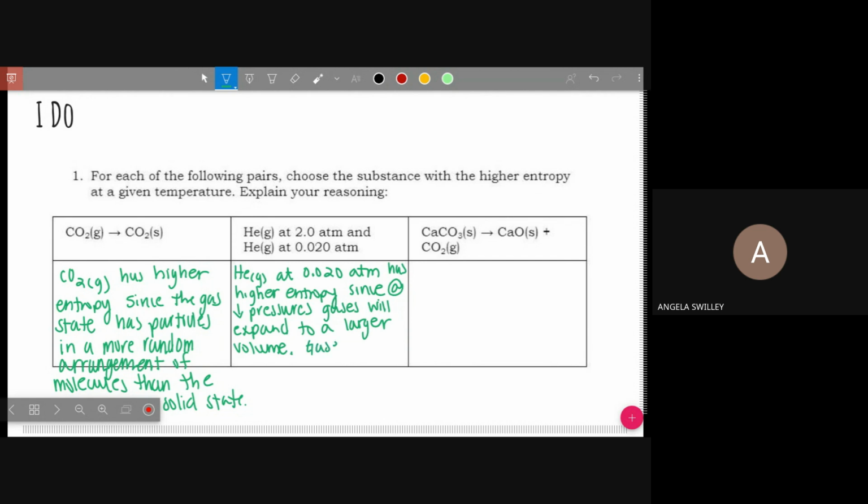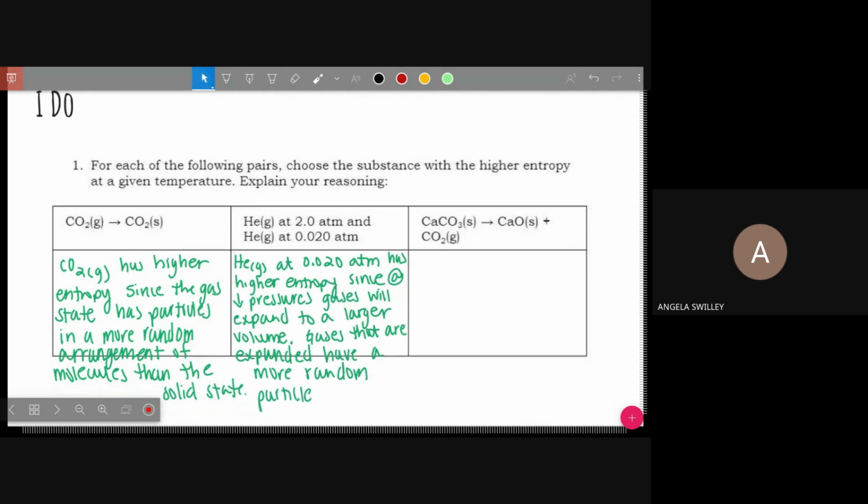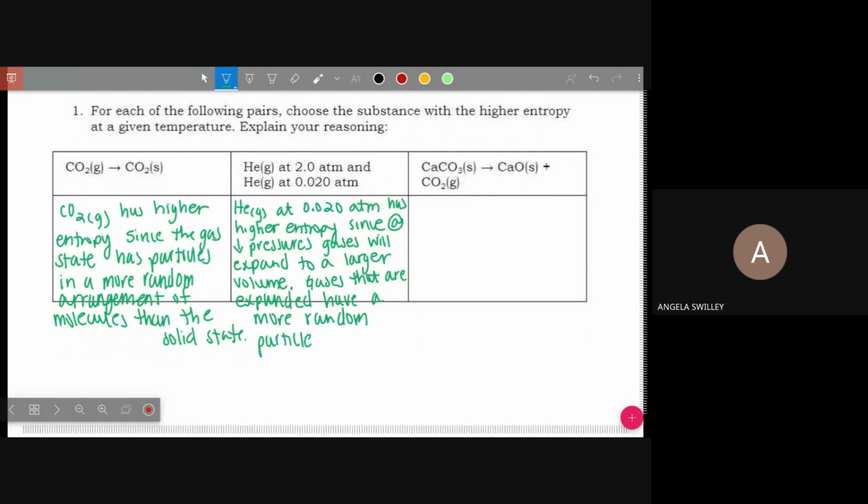And gases that are expanded have a more random particle arrangement than those compressed.